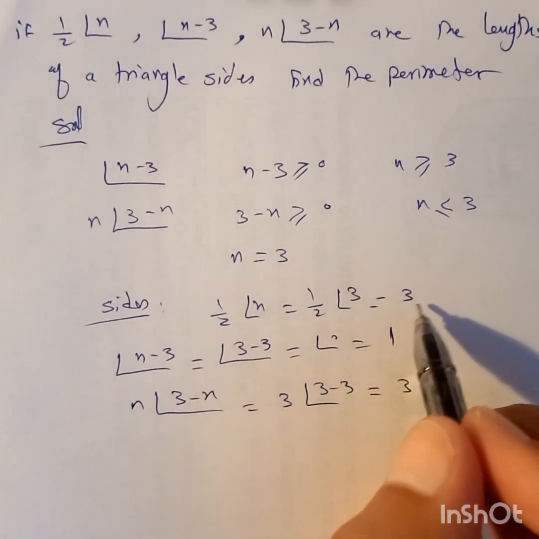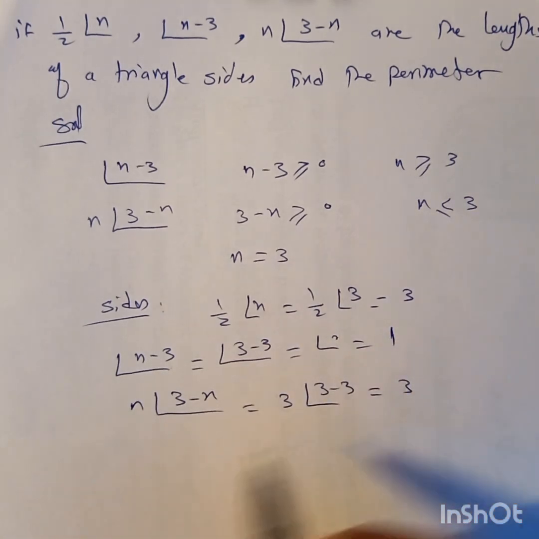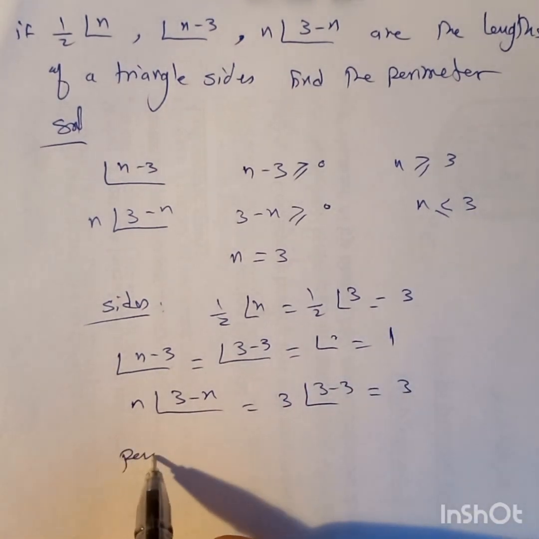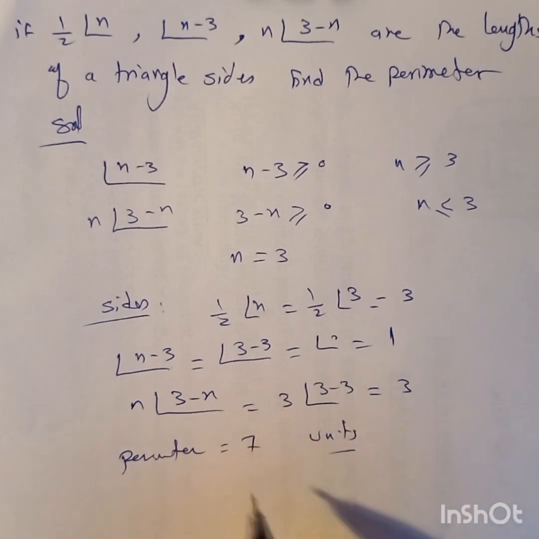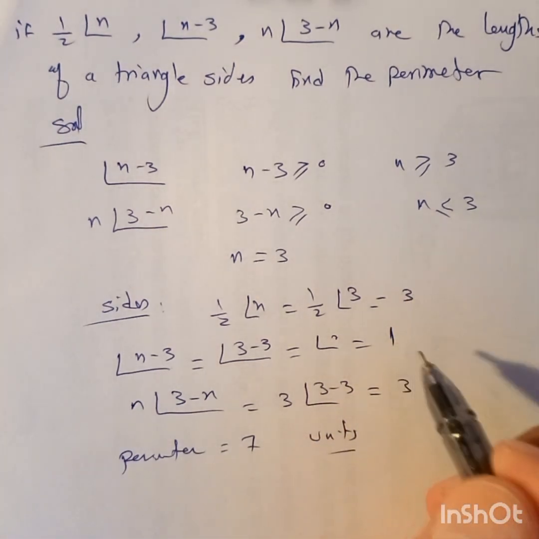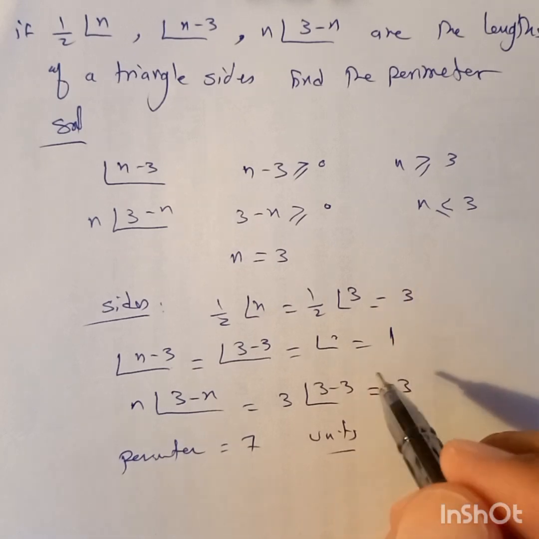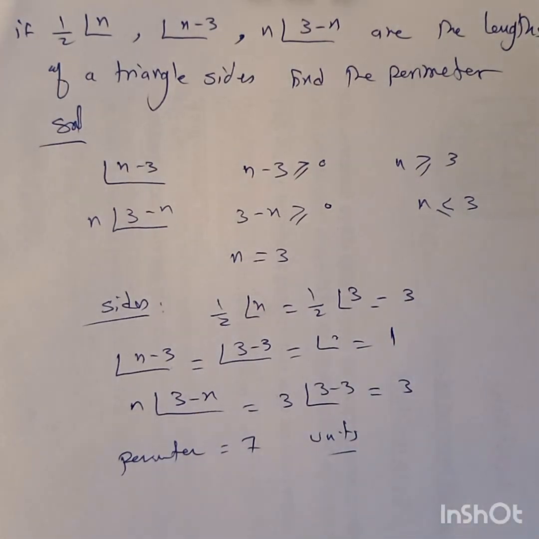Then the lengths of these sides equal 6, 1, 1. Then the perimeter equals 8 units. And you have to check that the sum of the lengths of any two sides of this triangle is greater than the length of the third one.